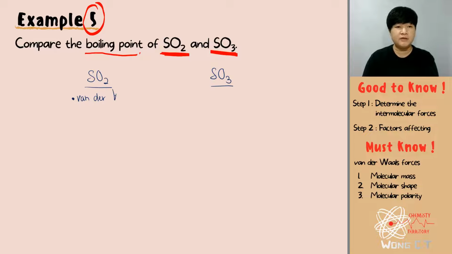Bear that in mind, for van der Waals forces, your W is a capital letter. Your V and your D are all small caps, while your W is a big cap over here. That is how we write van der Waals forces. So both of them can form van der Waals forces with themselves.